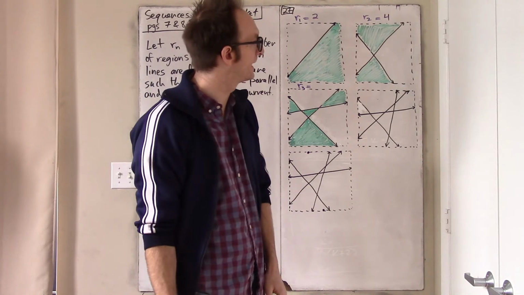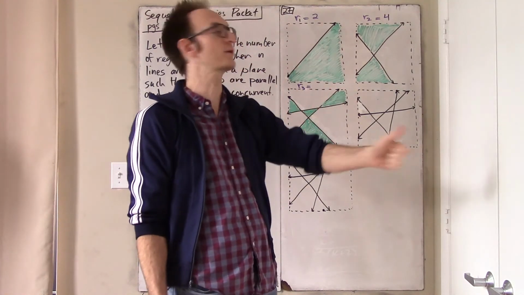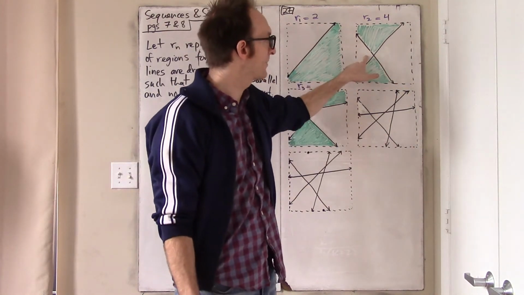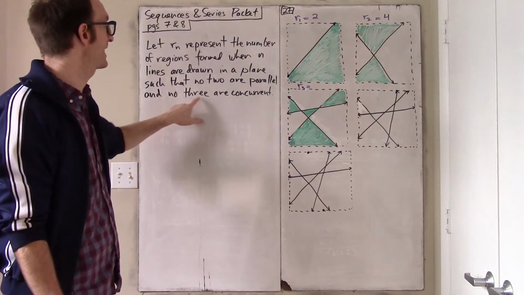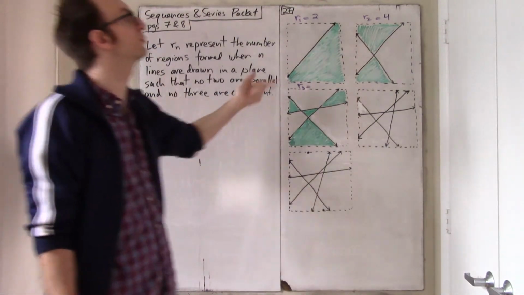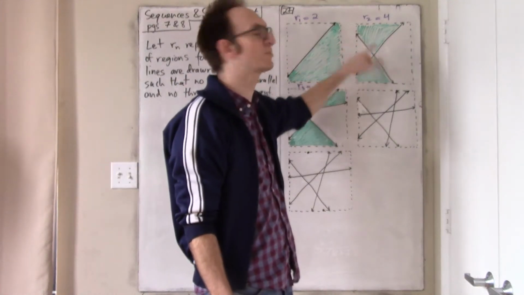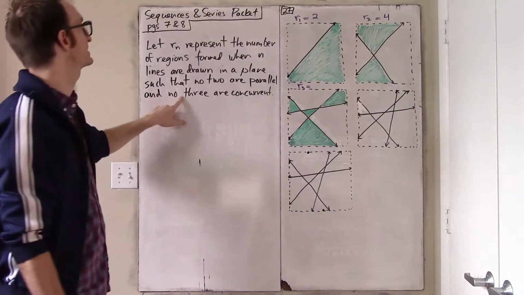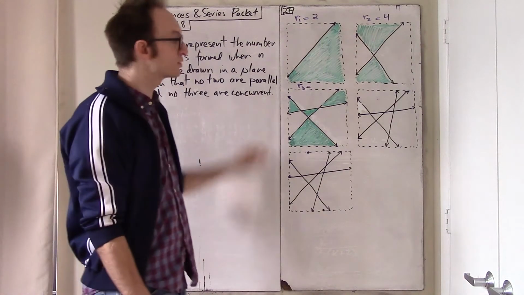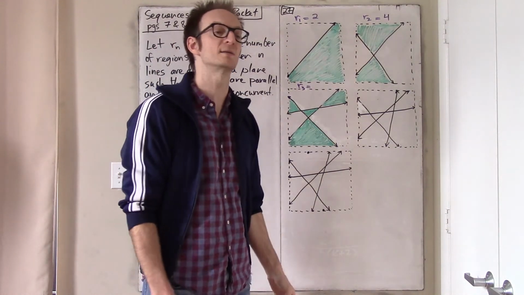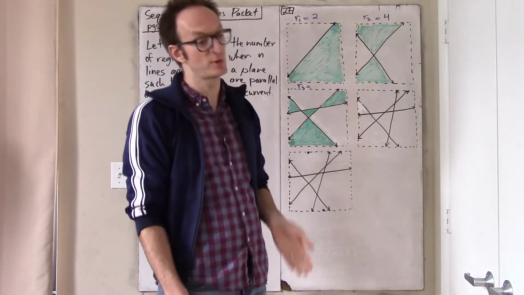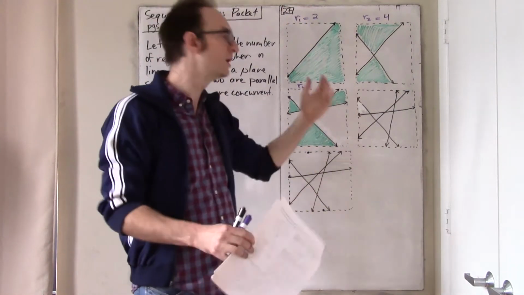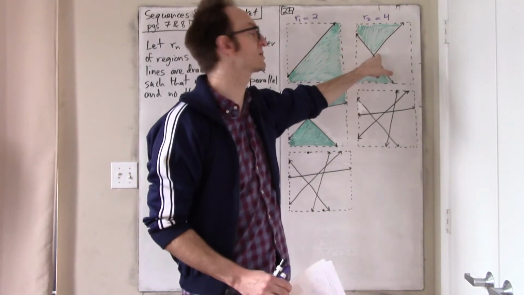Note that once again, I'm not allowed to draw my 3rd line parallel to either of these, but I also can't draw my 3rd line in such a way that it goes through the intersection point of the previous 2 lines. So that's what we mean when we say no 3 are concurrent. Don't draw your lines ever so that the new line that you just drew goes through a point of intersection that already exists.